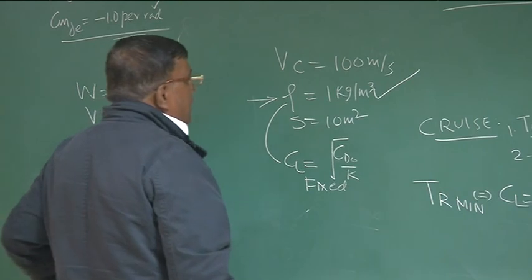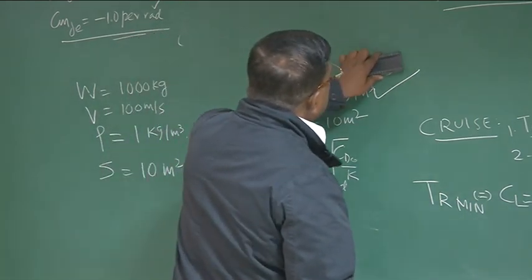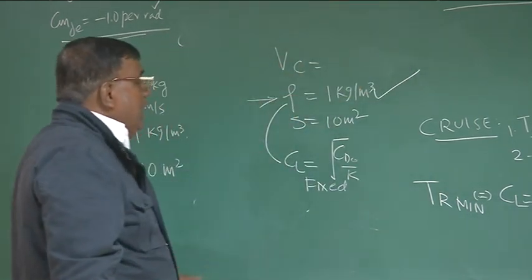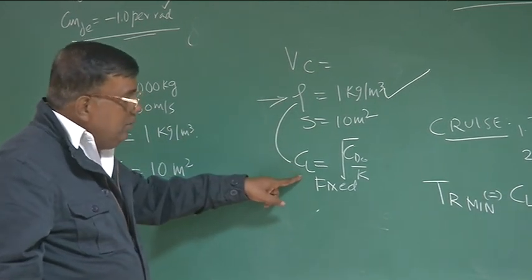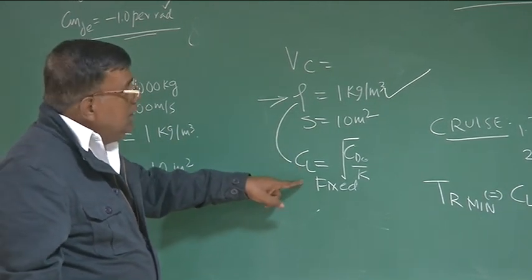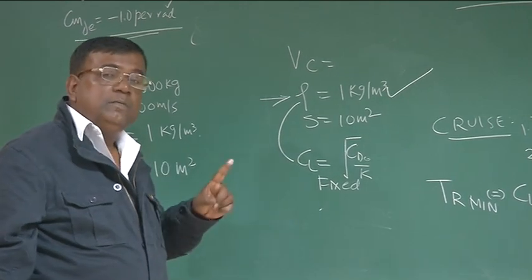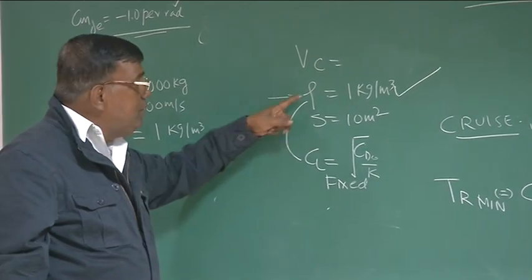It cannot be just 100 meter per second. This has to be corrected. The cruise speed possible at that altitude to maintain thrust required minimum, which gives CL fixed, the VC will be, or the cruise speed also will get fixed by these two conditions.